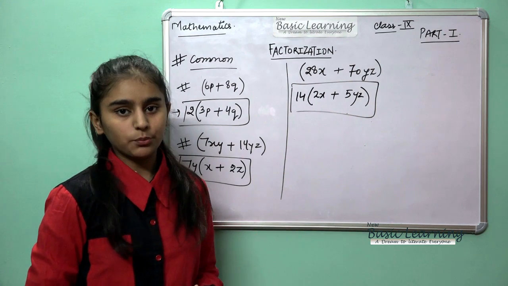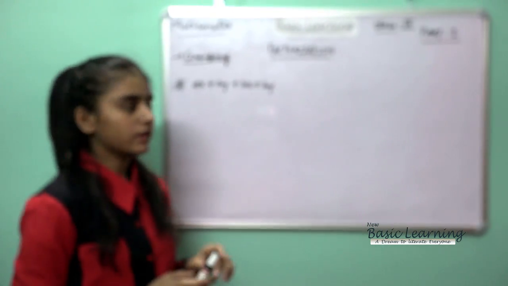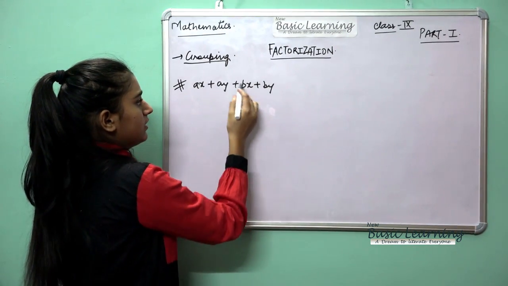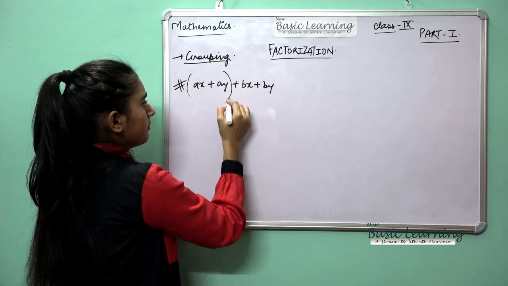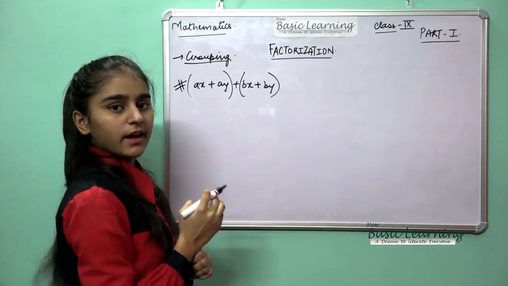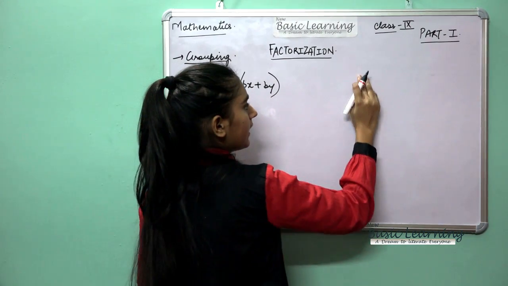Now we will do grouping. The second type of factorization is grouping. In grouping we put the terms in brackets, that is, we make groups. Here is the trick I will tell you.